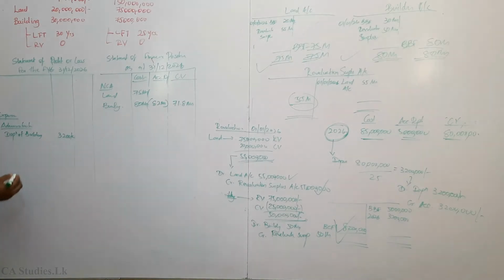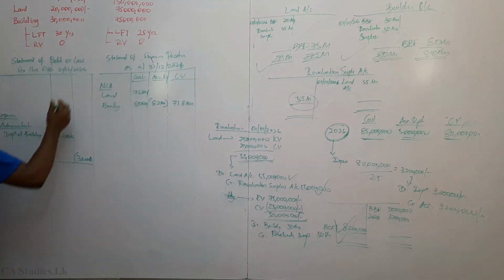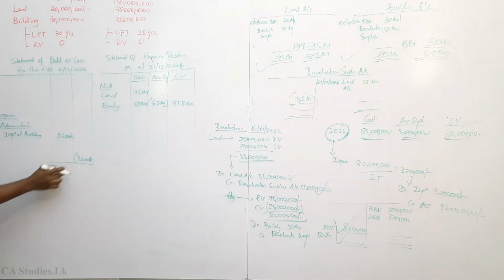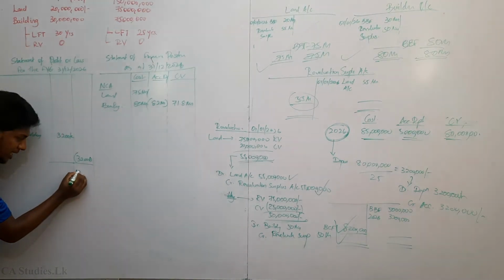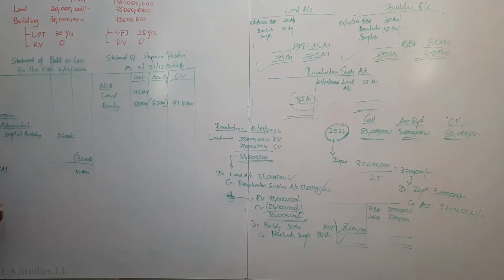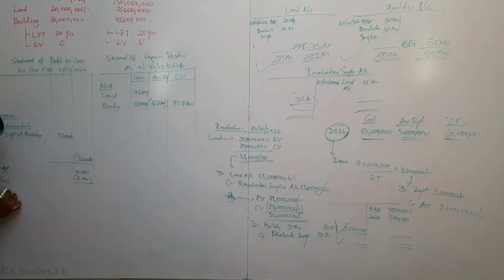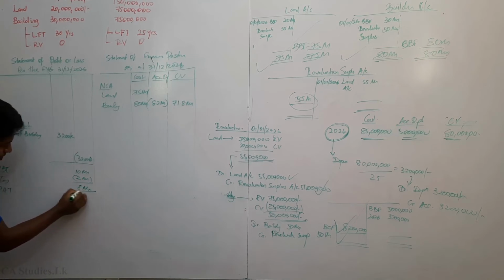Now this expense done, so total expense is 3.2 million, right? Say the profit after deducting this depreciation is, by assumption, 10 million. Profit before tax is 10 million, tax is 2 million, profit after tax is say 8 million, right?